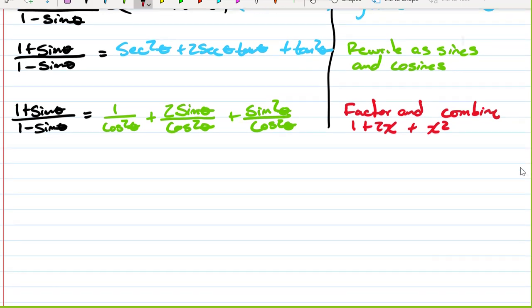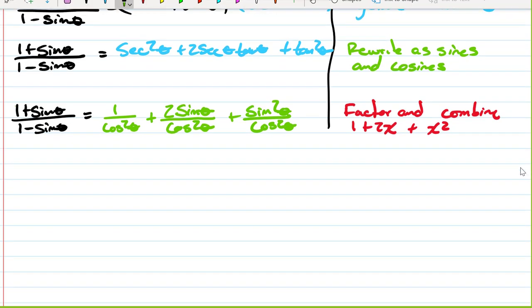When we factor that, in the numerator we're going to end up with sine theta plus 1, squared, over cosine squared theta.